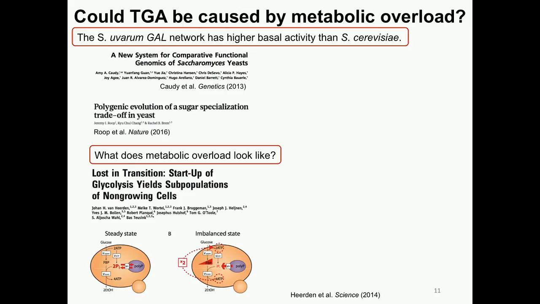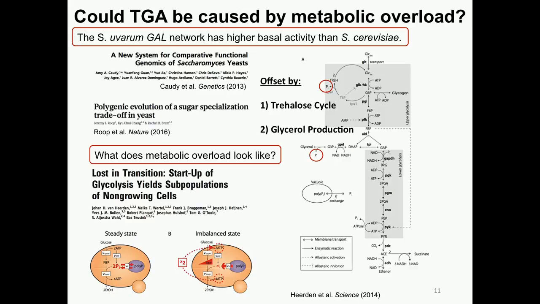So what does metabolic overload look like in cerevisiae? This is a recent study by Bastusink's group, and what they showed is that if you provide glucose to Saccharomyces cerevisiae and force it to start growing, it can enter an imbalanced state if it consumes glucose too fast. This is because the investment steps of metabolism end up consuming ATP and depleting phosphate, and so you end up accumulating fructose bisphosphate and depleting phosphates.